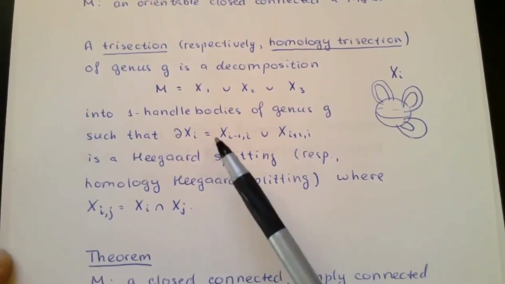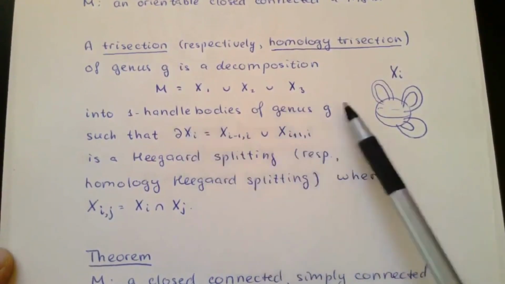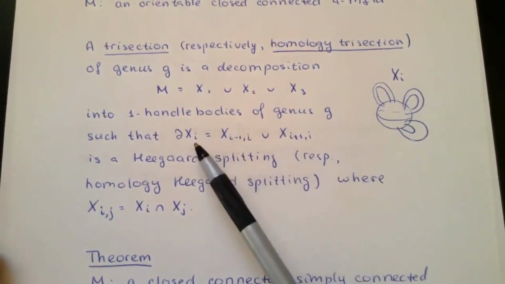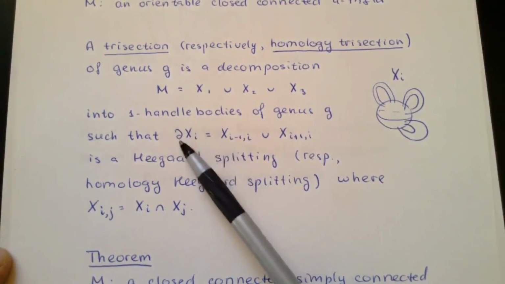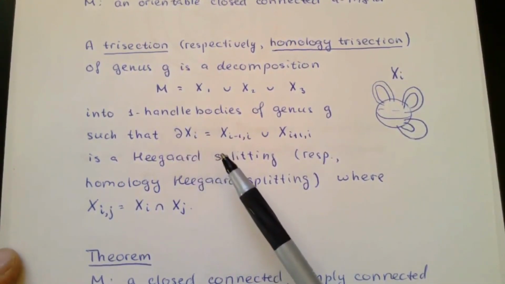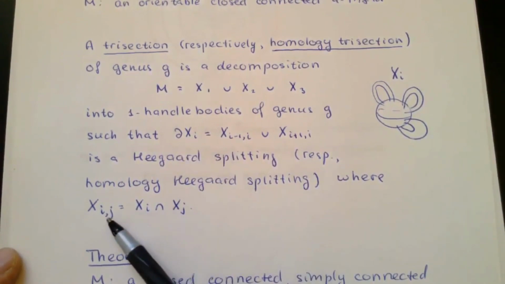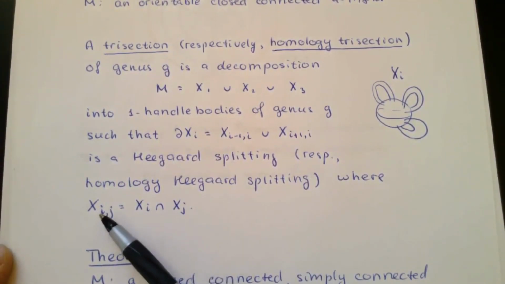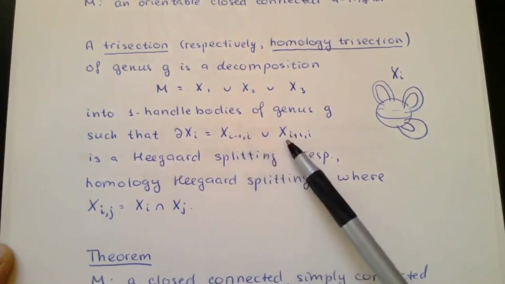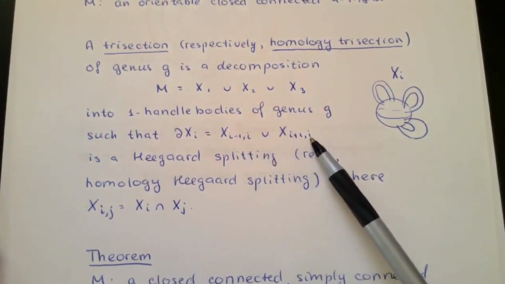Furthermore, when we take the boundary of any of these one-handle bodies, we require that the boundary of the one-handle body is decomposed into two pieces, X_{i-1,i} and X_{i,i+1}.